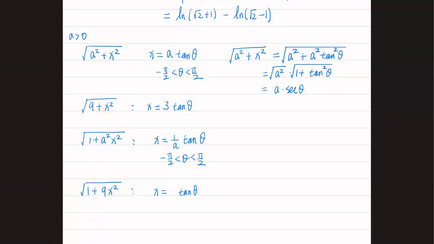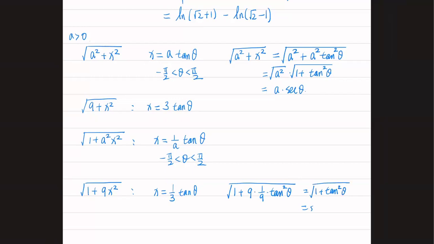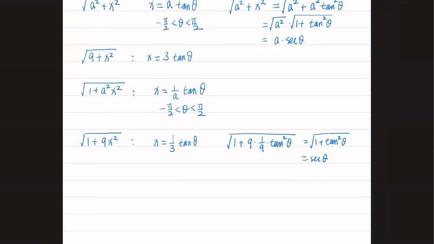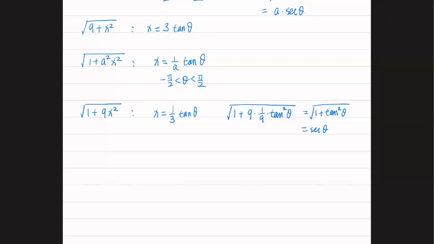I moved the 9 from the first position to the second position. It's 1 over 3, yes. And we can check. If we plug in 1 plus 9x squared, x squared will be 1/9 tangent squared, right? Then 9 cancels with 9, we get 1 plus tangent squared, and this is secant.